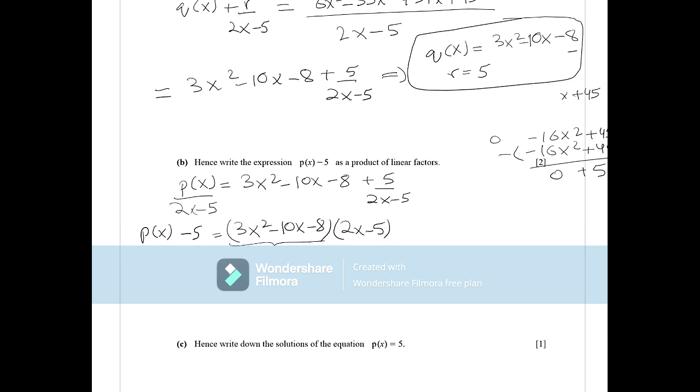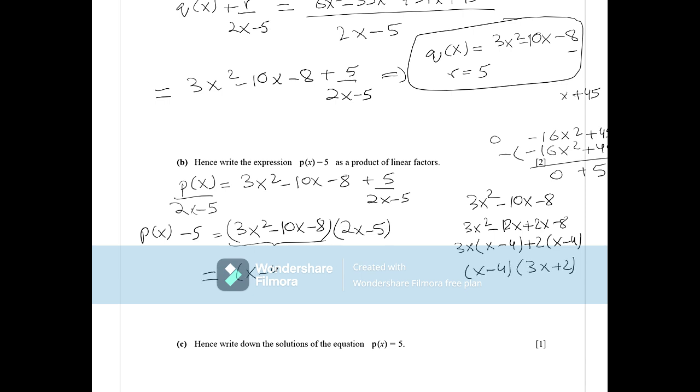All you need to do is factorize this quadratic expression, 3x squared minus 10x minus 8. What you need is 3 times 8 is 24: 3x squared minus 12x plus 2x minus 8. 3x comes out as the common factor, then x minus 4 plus 2 times x minus 4. x minus 4 is the common factor, so you are left with this.